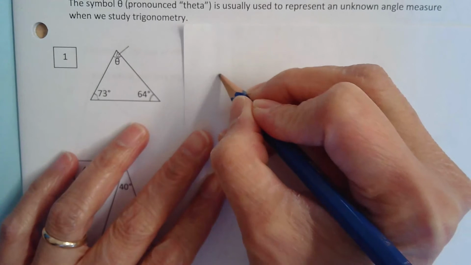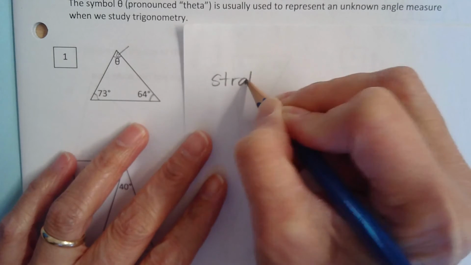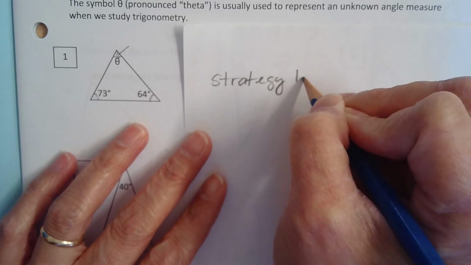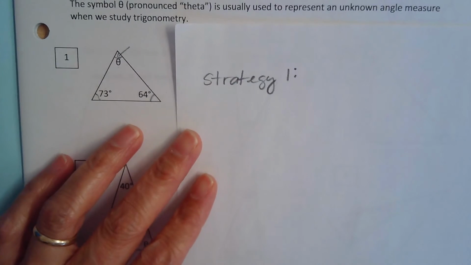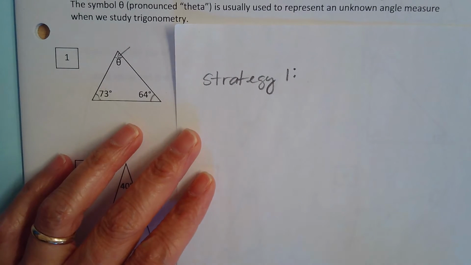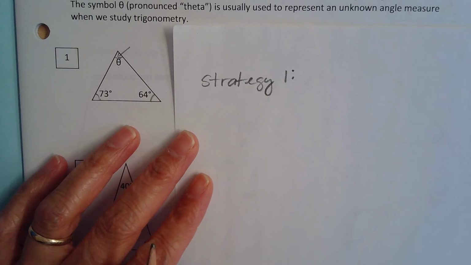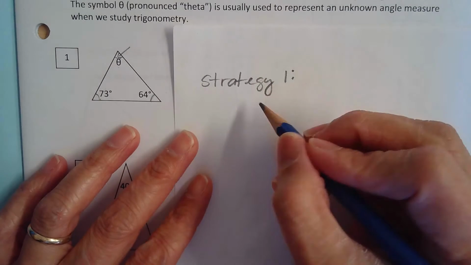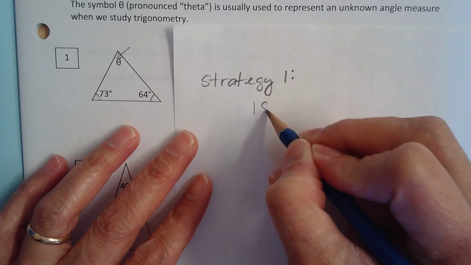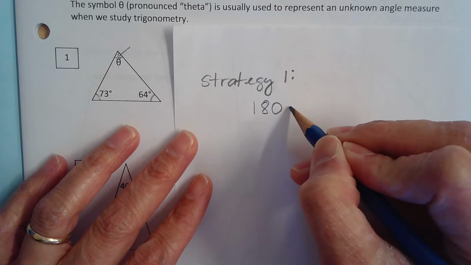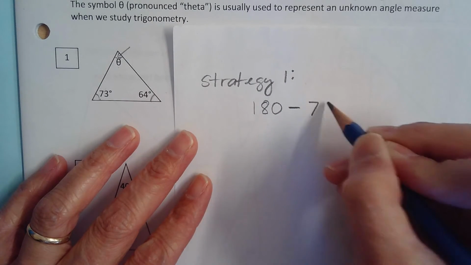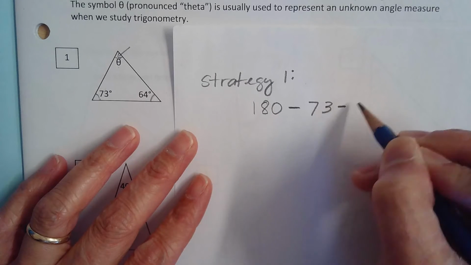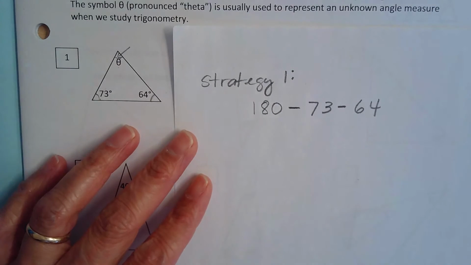This is strategy number one, and this is what Soon had said. She said 180, take away 73, take away 64. Okay, what does that equal to?